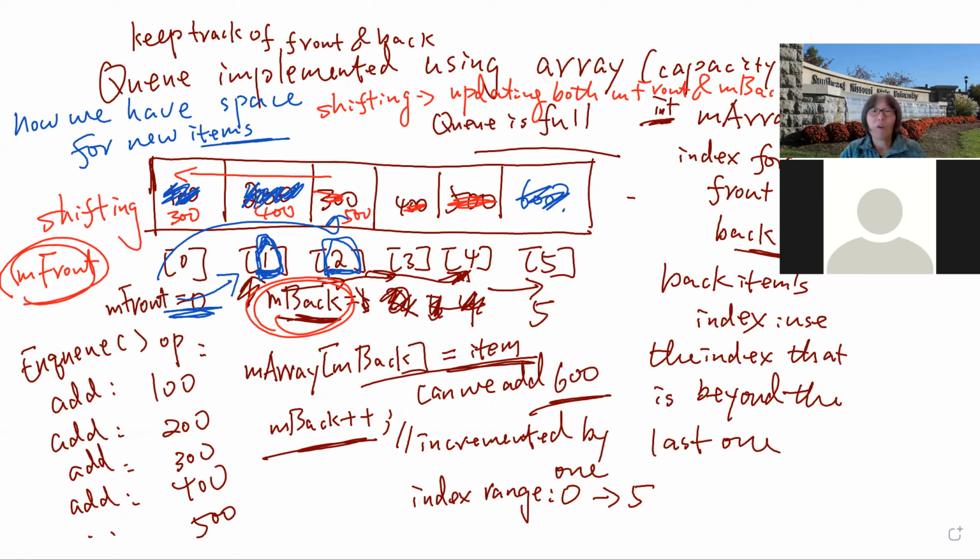Then the question is, can we have some better way to deal with this heavy shifting? Yes. The previous way we described uses the concept of a linear array.